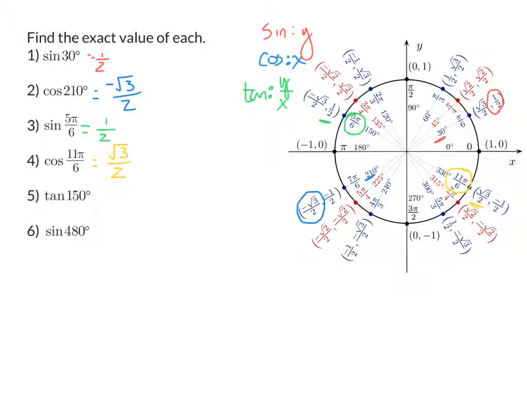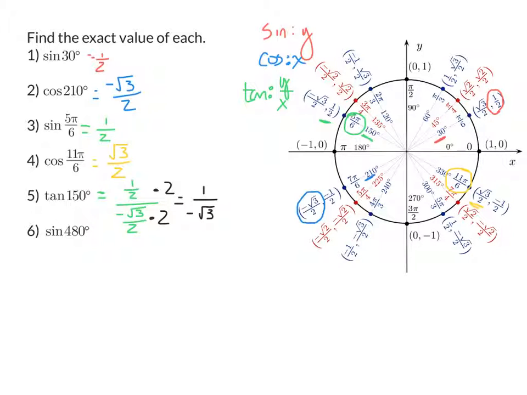We go to our 150 again, which is right here, the same as 5 pi over 6, and we want to do the y value, which was 1/2, over the x value, which was negative square root of 3 over 2. And we want to look to simplify this, so I can take top and bottom times 2, which we end up with 1 over the negative square root of 3.